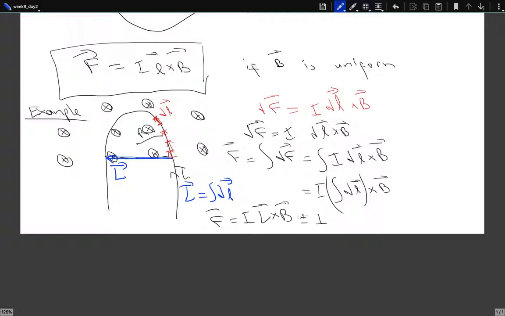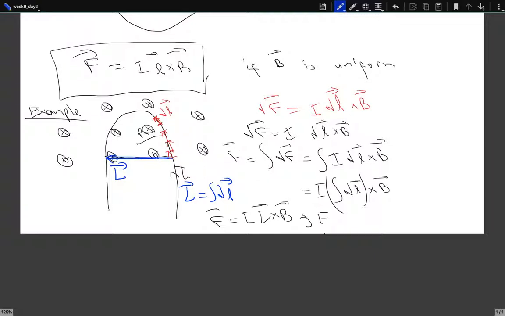What's the magnitude of F? So this is the total force, I L cross B, where L is this vector, B is into the screen. What is the magnitude of that cross product? Okay, let's discuss first the magnitude and then the direction.